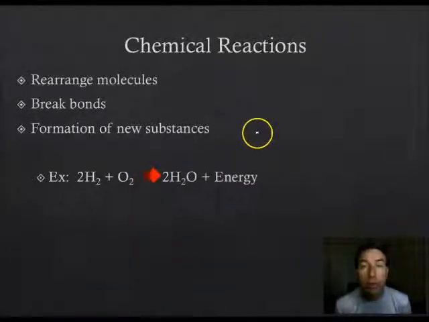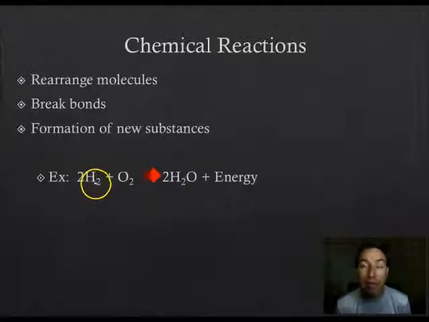Now, when molecules react together, we have chemical reactions. Chemical reactions rearrange molecules, break bonds, and form new substances. So let's look at the parts of a chemical reaction. This is the actual making of water. We have two hydrogen molecules, so it's 2H2.